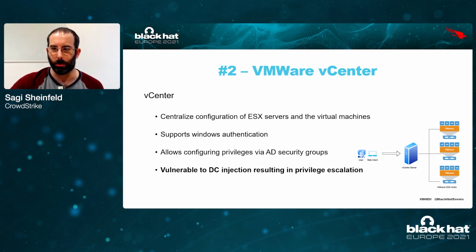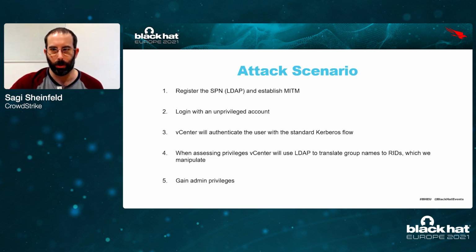That makes it vulnerable to this injection, which results in privilege escalation. Let's see the attack flow. We prepare our MiTM machine and register the needed SPNs. In this case, we log on with an unprivileged account to the vCenter web UI.